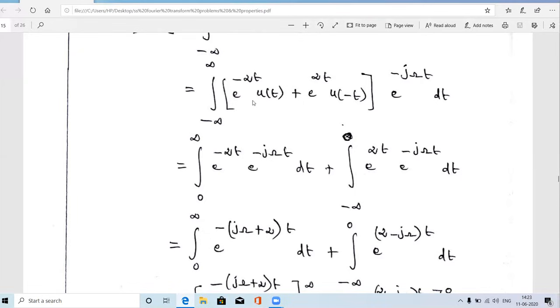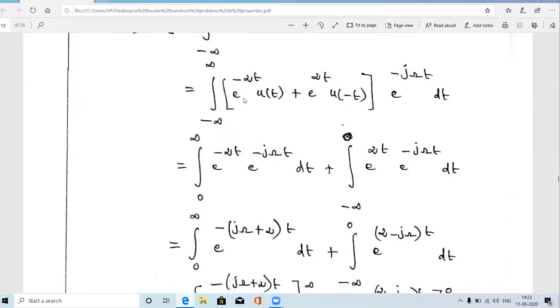You know the nature of u(t). If a function is multiplied with the unit step function, the integration limit is restricted to 0 to infinity, since this function is available only for positive time.